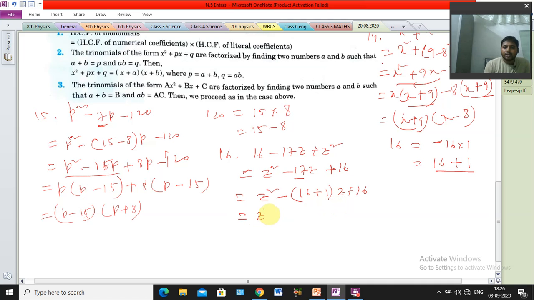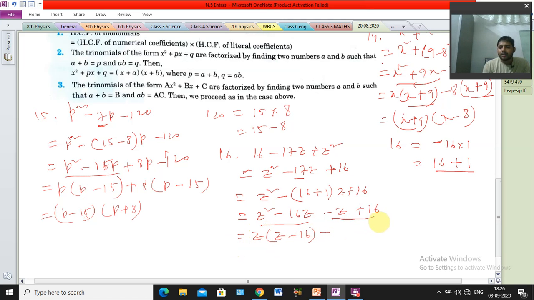Next, so z square minus 16z minus z plus 16. Okay, now take common from the first two terms. Common will be z, so z minus 16 will come.